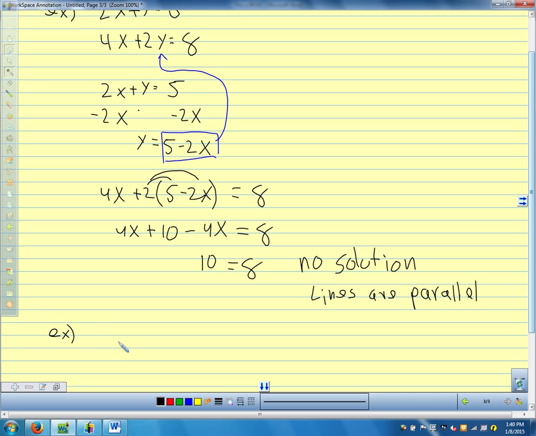Sometimes you'll solve a system of equations and you get something like 4 equals 4. What does that tell us? You have an infinite number of solutions. They are the same line. So if you simplify it, instead of two lines, you have them right on top of each other. It's the same line. So this, we say, is an infinite number of solutions.